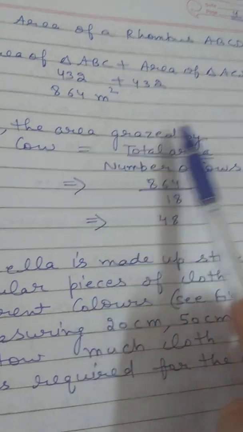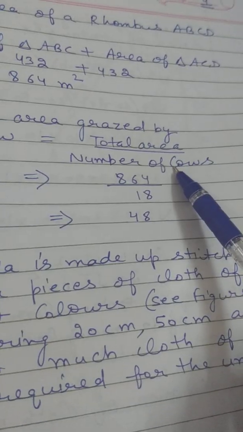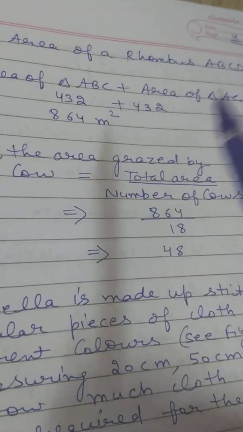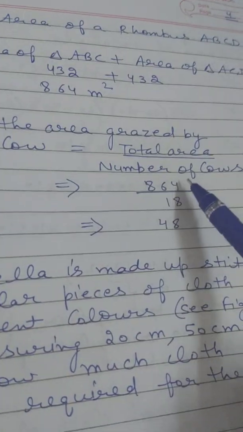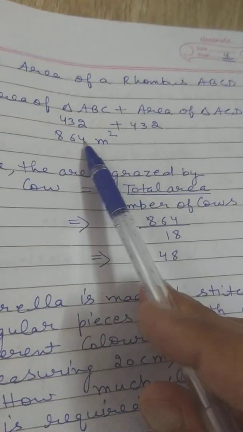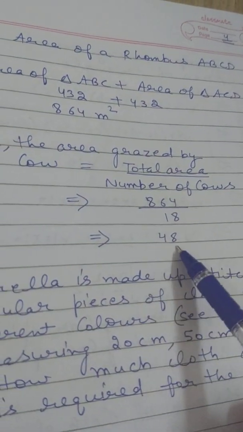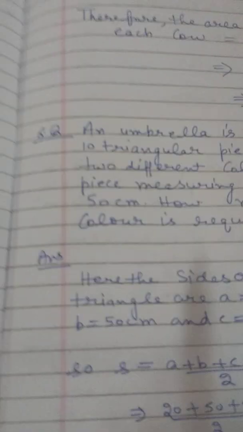Therefore, the area grazed by each cow is total area upon number of cows. We are given number of cows is 18 and total area is 864. Therefore, 864 divided by 18. 864 divided by 18 we get 48. Therefore 48 meter square is your required answer.